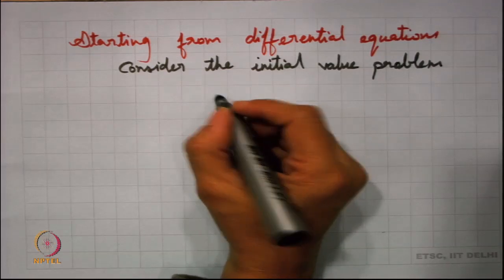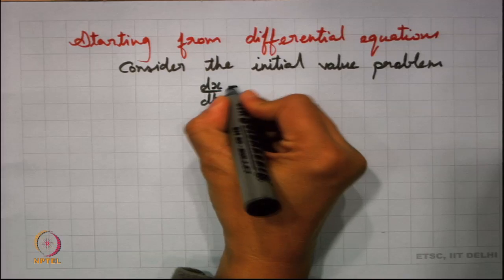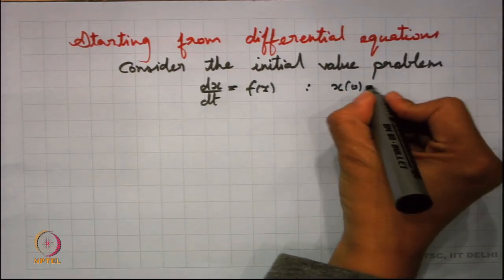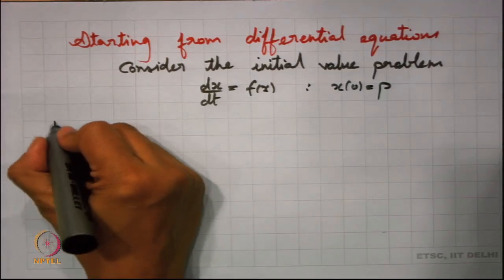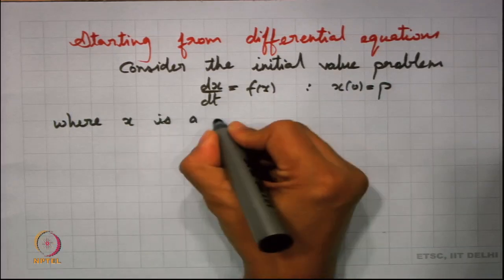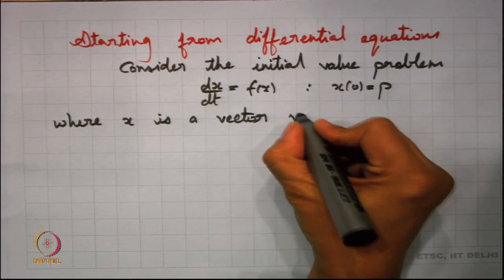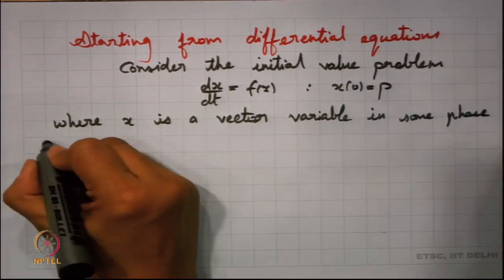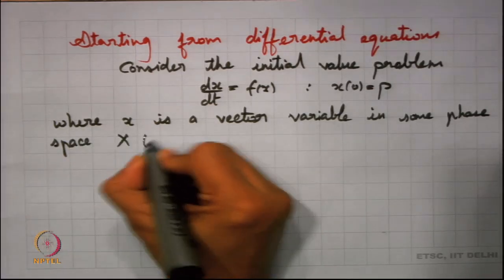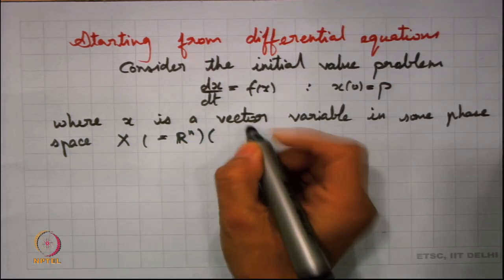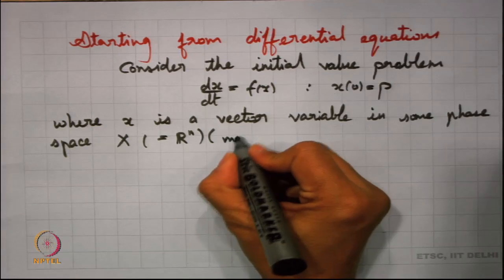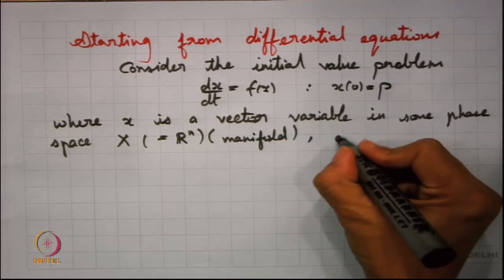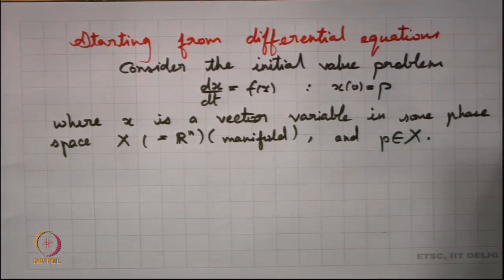So, my initial value problem can be said as, say, dx by dt is f of x, and x at 0 is my point P, where my x is a vector variable in some phase space X, where my X could also be R^n, or it could be any manifold if one looks into the general aspect of this, and my P happens to be some point in X. What is f of x in that case?